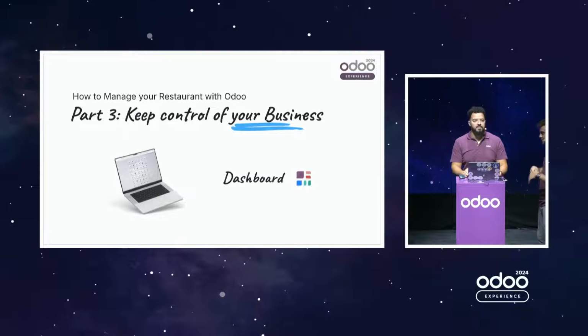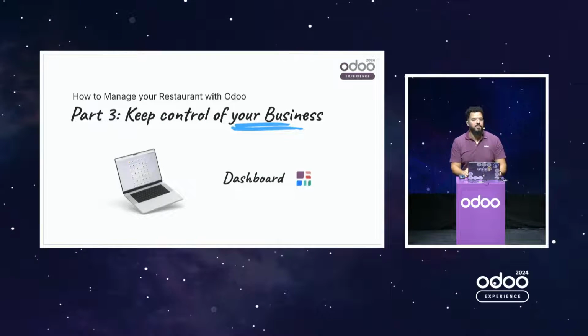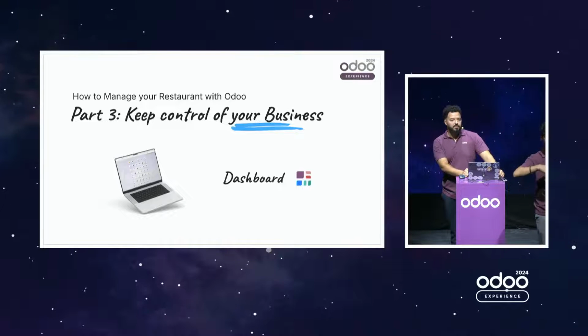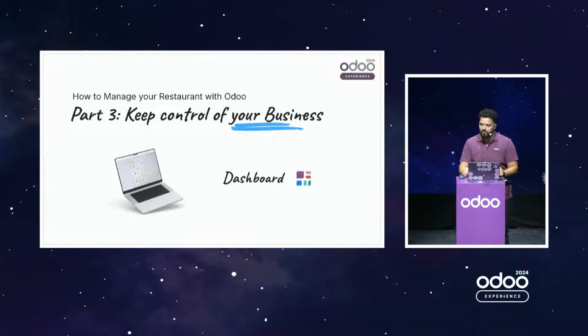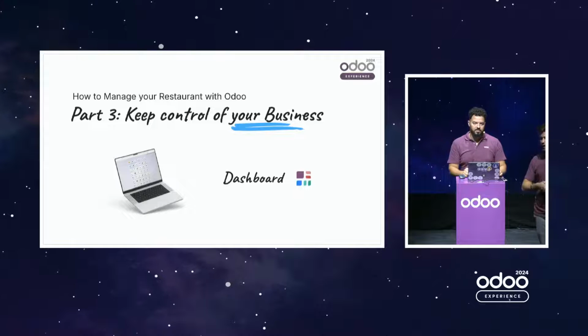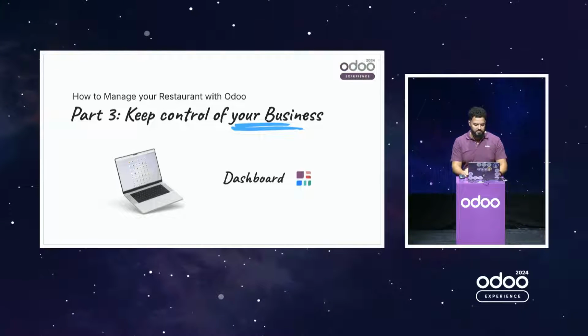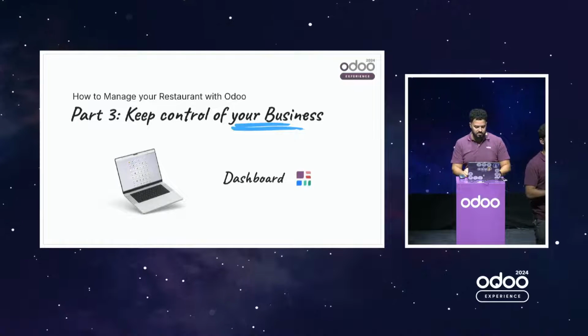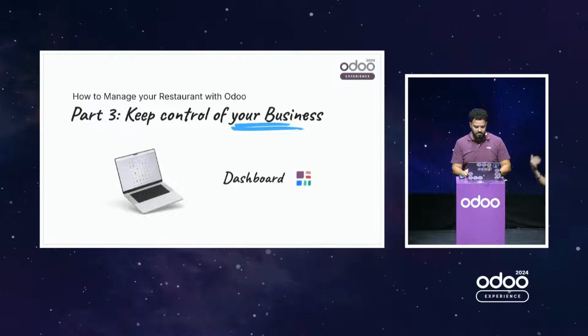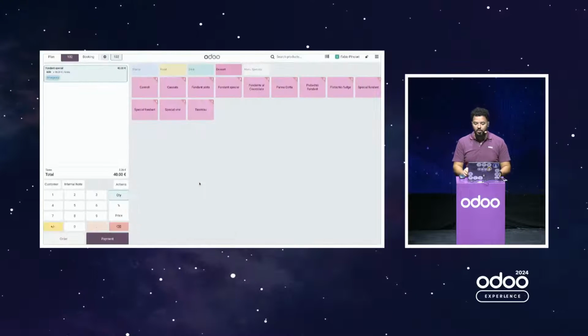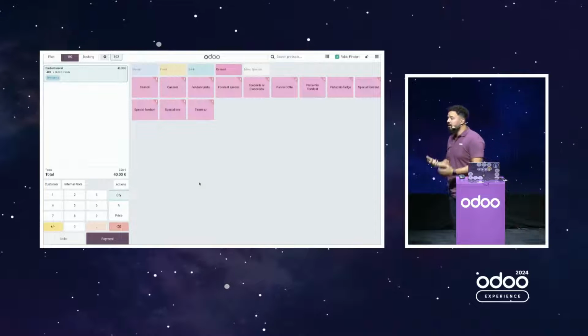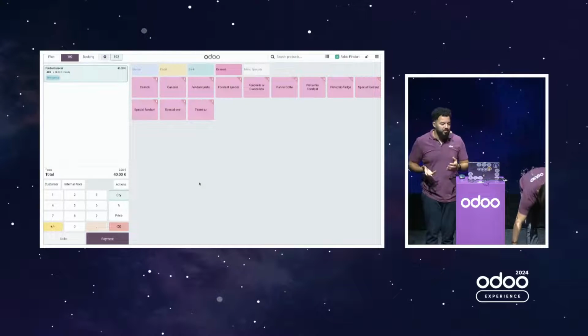So for this third part, it's the moment to see the interaction between the different applications. And now I'll let Mohamed show you how you can keep control of your business thanks to our dashboard. So, at the end of the day, you can have a review of the performance.